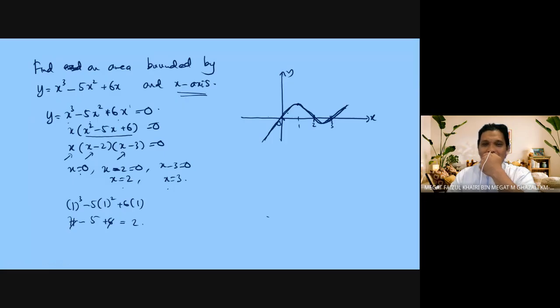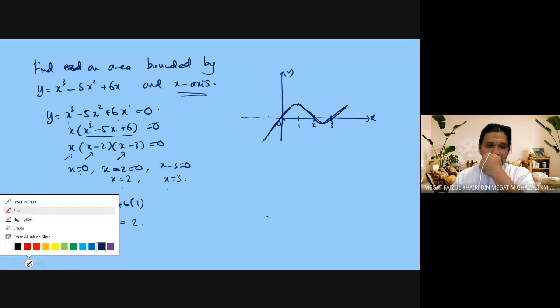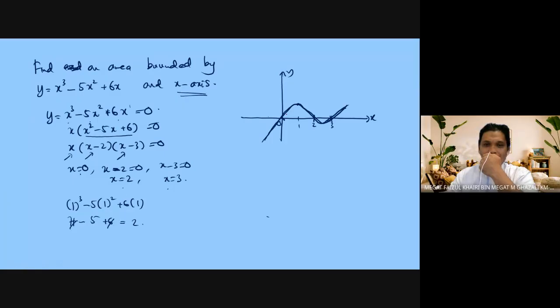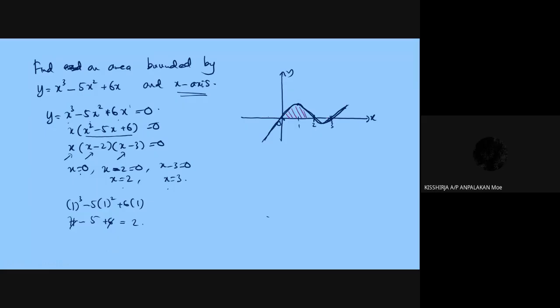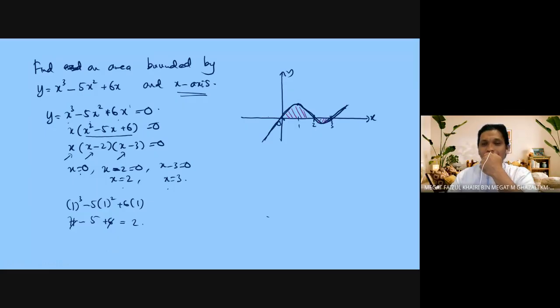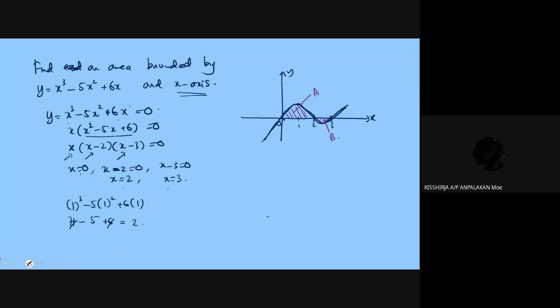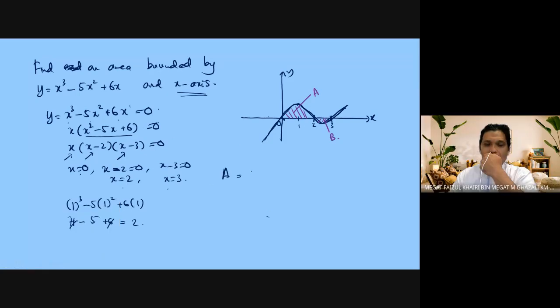So area number 1 and area number 2. Just name this one A and this one B. So the whole area is A plus B.